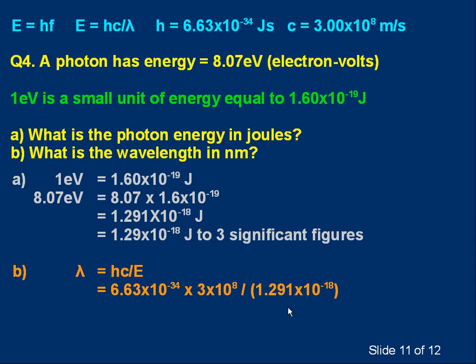Do the numbers, 1.55 times 10 to the minus 7 meters. But if you remember, the question said in nanometers. How do we convert meters to nanometers? We multiply by 10 to the power 9. So I've got a typo there. It's 155 or 154, I don't know which. But multiply by 10 to the 9 and we get 154, perhaps it's 155 nanometers as the final answer.